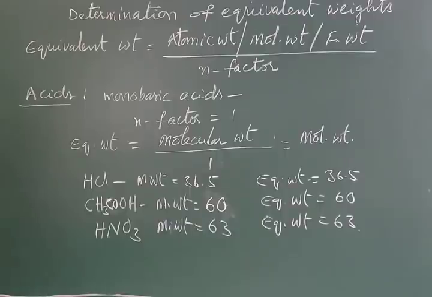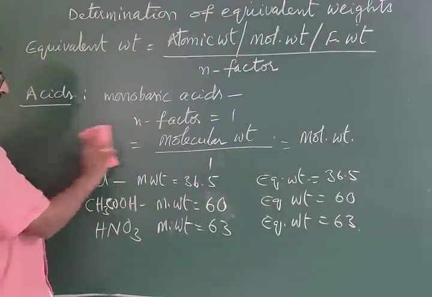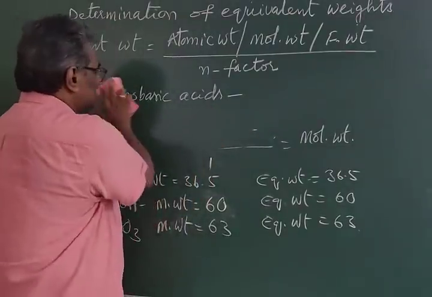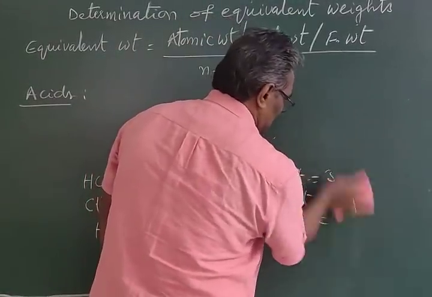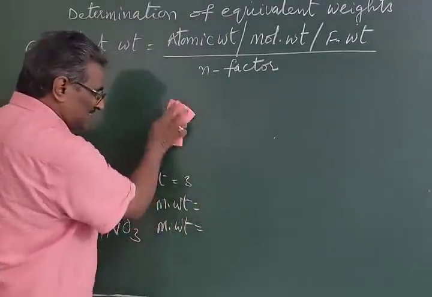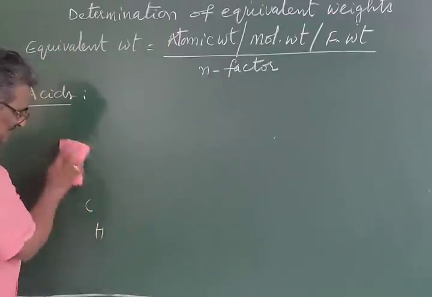In the case of dibasic acids, N factor is equal to 2. What are dibasic acids?